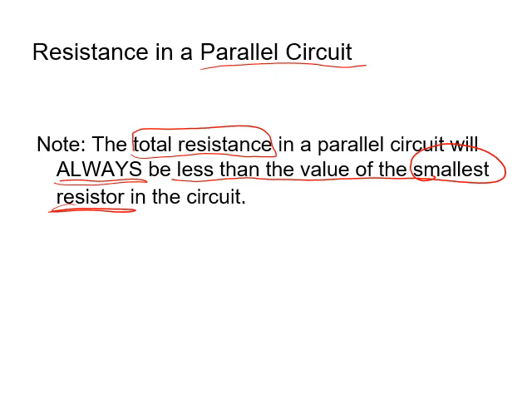Just for argument's sake, if you have two resistors that are 1 and 2 in parallel, if your answer for the combined resistance of these two is 3, your answer is definitely wrong. And if your total answer is 2, your answer is definitely wrong. But if your answer comes out to 0.7, okay, maybe right.